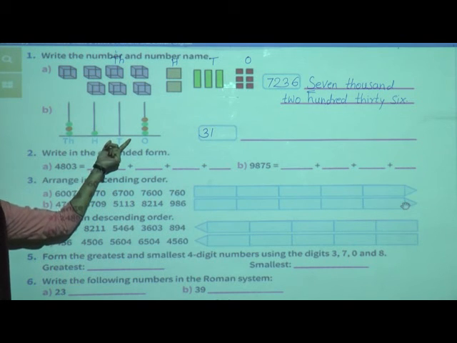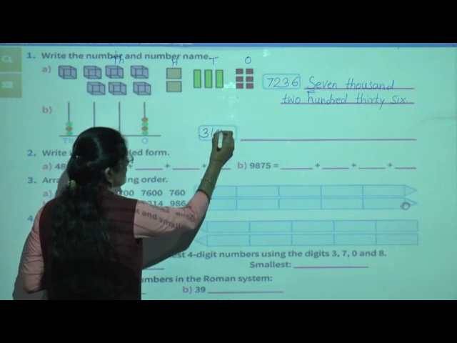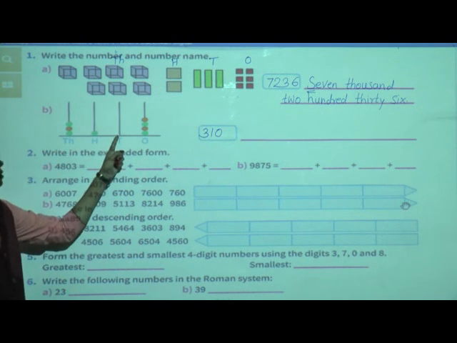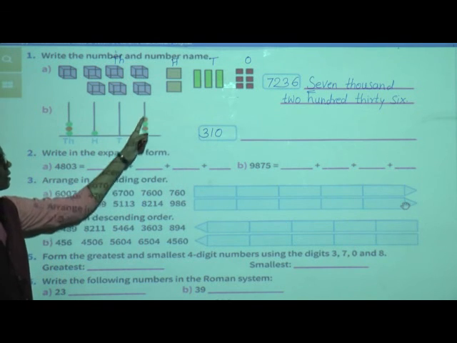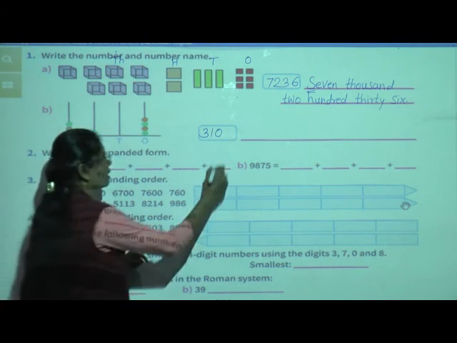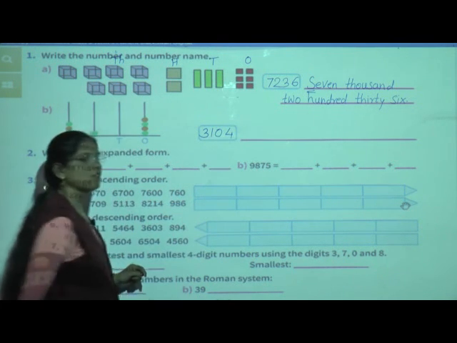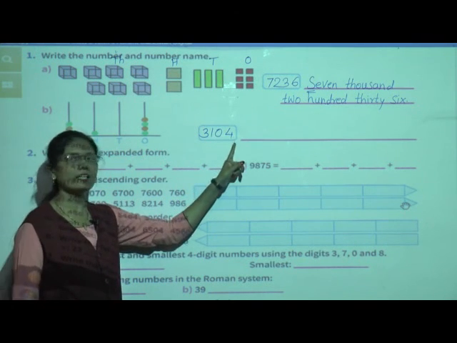Means nothing is there. Nothing means we should write 0 at the tens place because not a single bead is there. So we will write 0. Now see this ones place. At the ones place again count the beads: 1, 2, 3, 4. So I will write 4 at the ones place. Now read the number. The number is 3104.